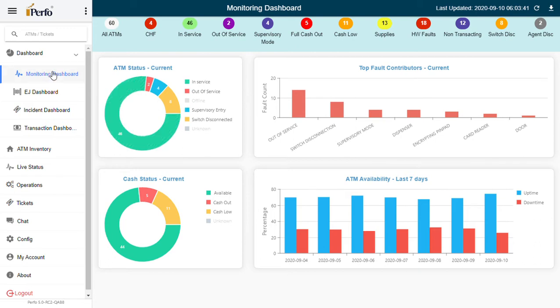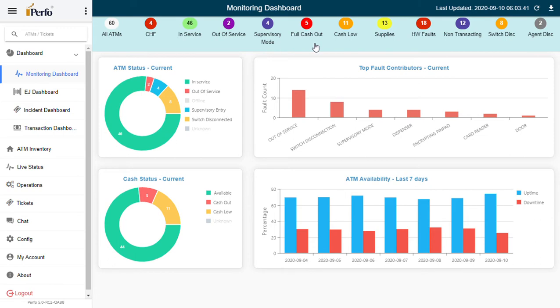So primarily this is the monitoring dashboard. Assuming there are about 60 ATMs in this network, the filters on top clearly show you how many machines are having cash handler faults, how many machines are in service, out of service, and how many machines currently have a supervisor entry, where people are working on the ATM doing some configurations or restoring problems.